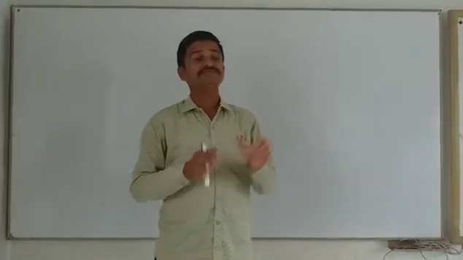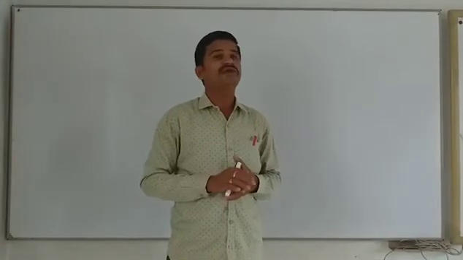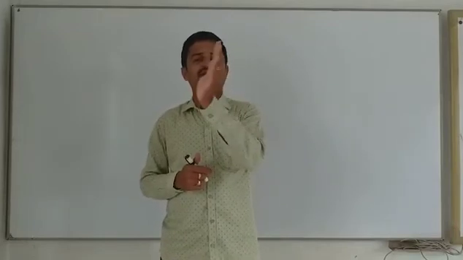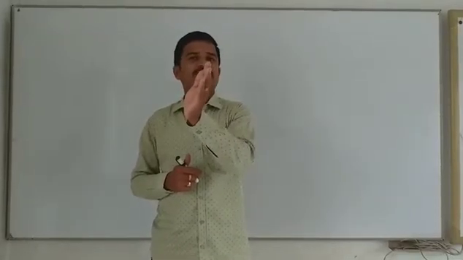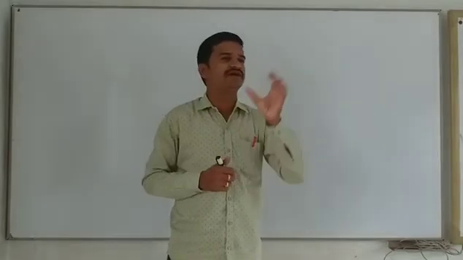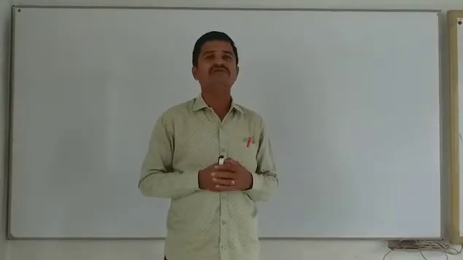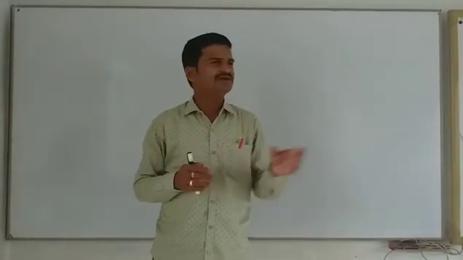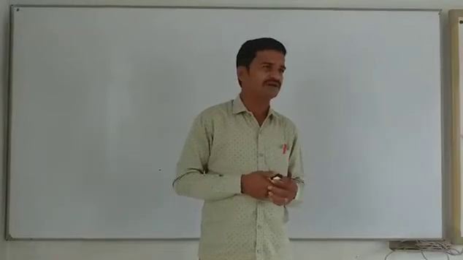Now, today we are going to learn how to solve a quadratic equation by using the method of completing square. So what is this completing square? You may have a little doubt.